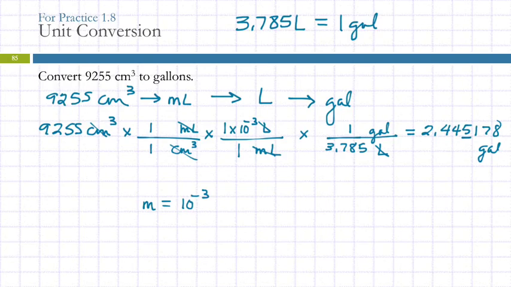So why 4? Well, my initial number had 4 significant figures. This is exact. This is exact. This is between the English and metric system. It's not exact, but this number has 4 sig figs. So 4 and 4 sig figs, I'm going to have 4, and so I'll round this 2.445. Any questions?